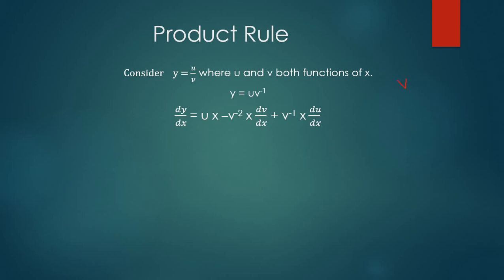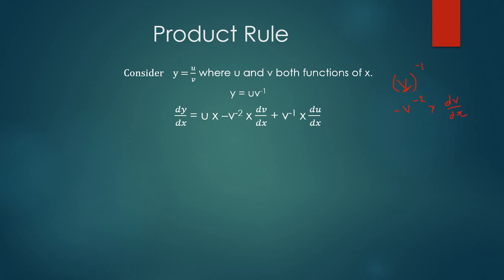So we have v being raised to the negative 1. So applying the chain rule, we would have negative v to the negative 2 times the derivative of what's inside the bracket. We don't know what the function is, so we just call it dv by dx because we differentiate it with respect to x. Alright, so that's what happened here.